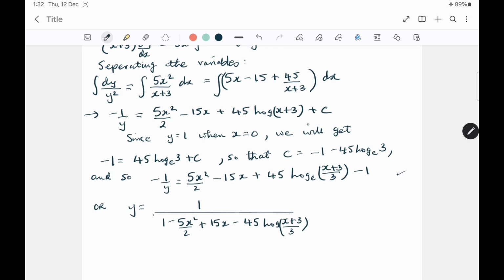Or we can write that in a slightly different form, inverting both sides. Then y will equal 1 over 1 minus 5x squared upon 2 plus 15x minus 45 log to base e of (x plus 3) over 3.